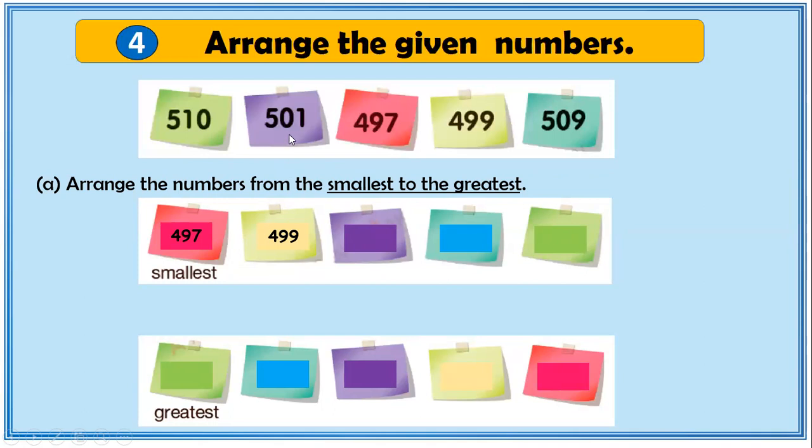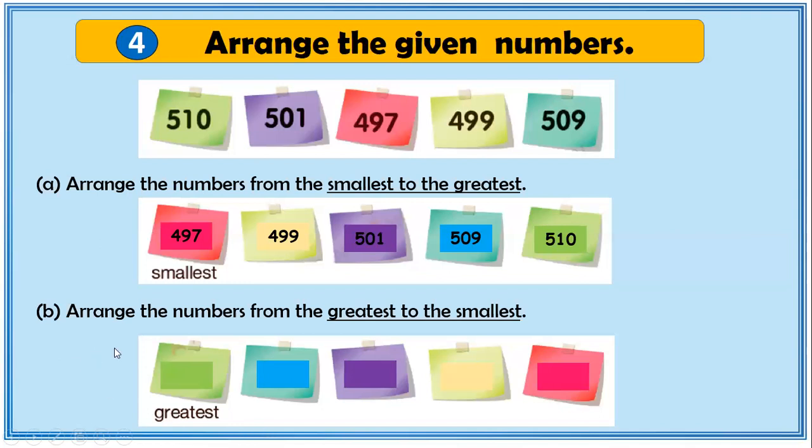Now let us compare 501 and 509. So again, 5, 5, 0, 0, 1, and 9. So we all know that 1 is smaller than 9. So 499 will be followed by 501, then 509, and the greatest number is 510.